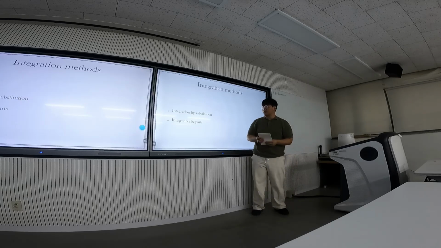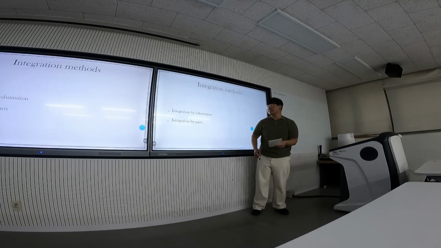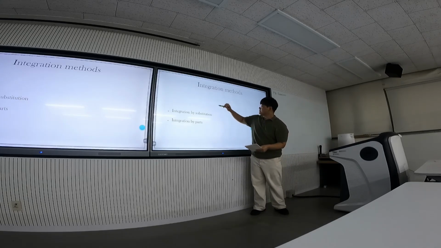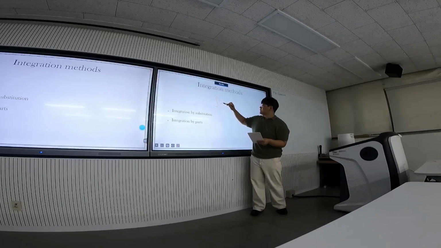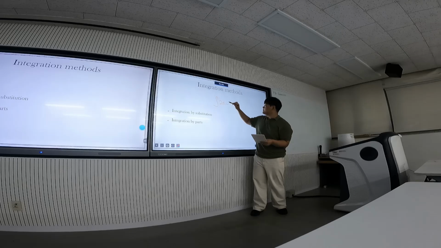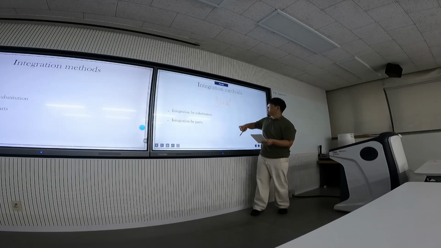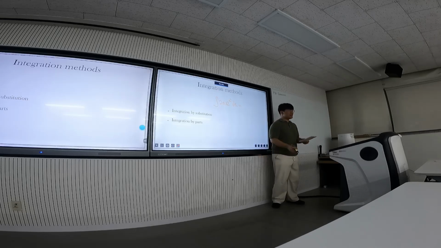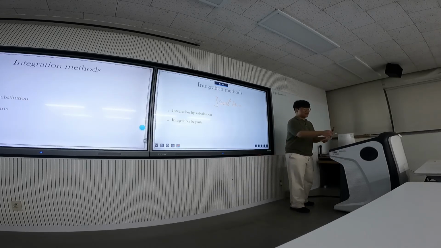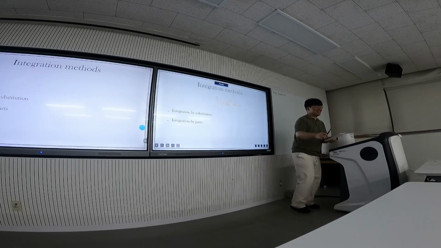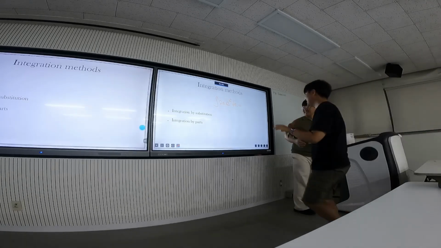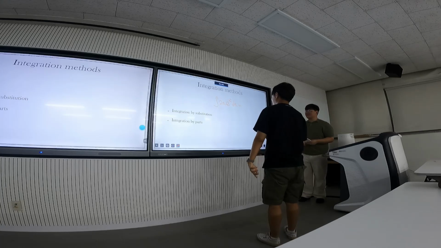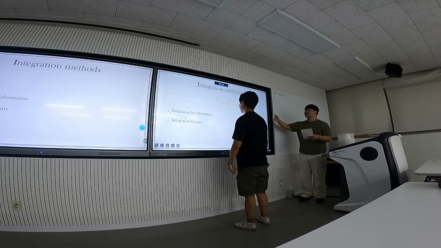For integration by substitution, we can do 2 times x times e to the x squared dx. We can do this. Would you write it down here? The whole process? Yeah, you can do that if you want to, or you can just write the answer.